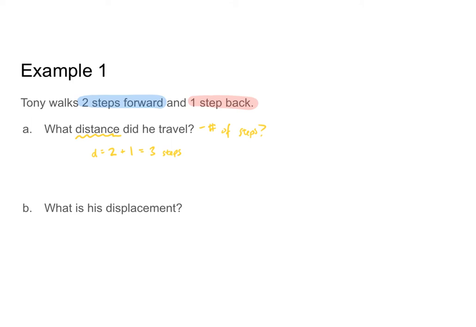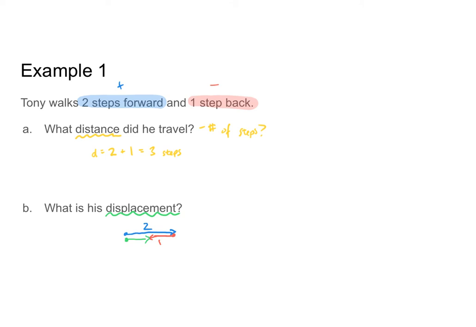His displacement, on the other hand, is a vector. So Tony walked 2 steps forward. So I'm going to say 2 steps to the right is going to be 2 steps forward. And then he walked 1 step backwards. So if I say forwards is positive, backwards is negative, I can draw my resultant vector here.